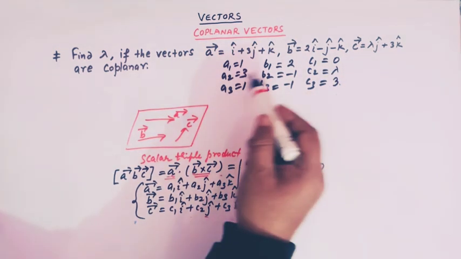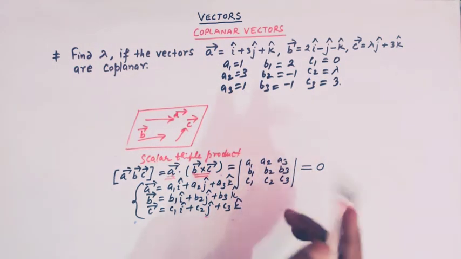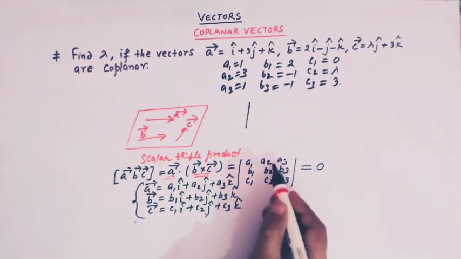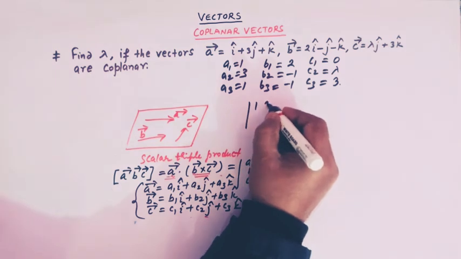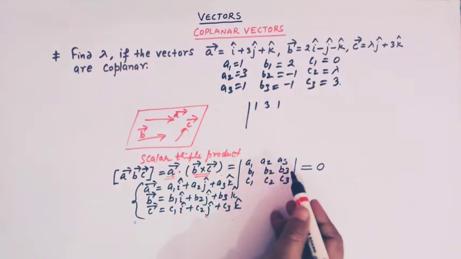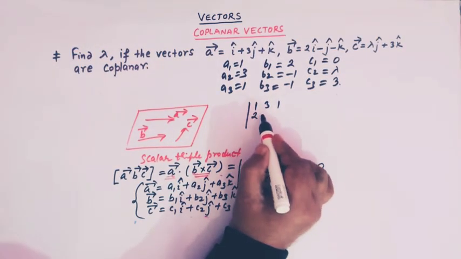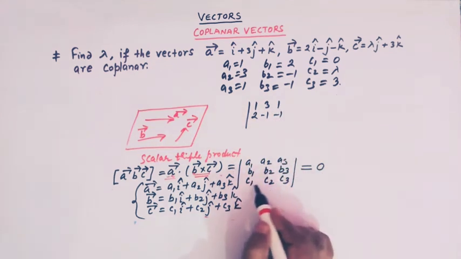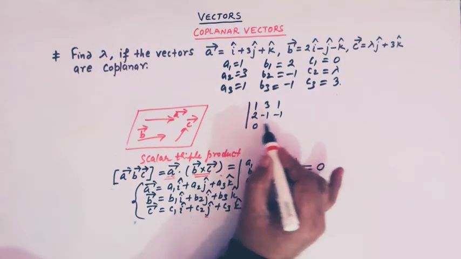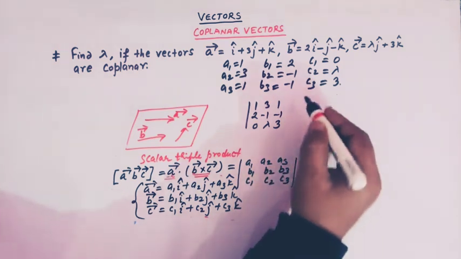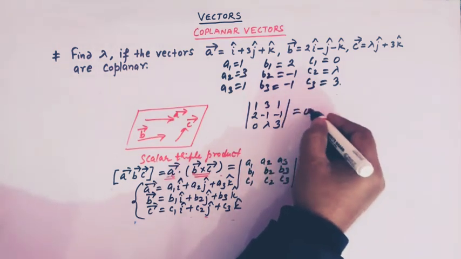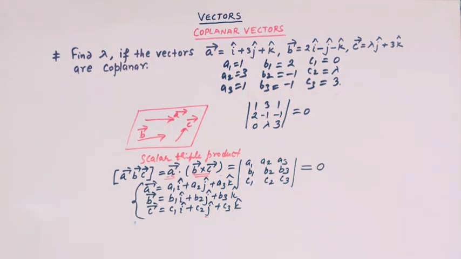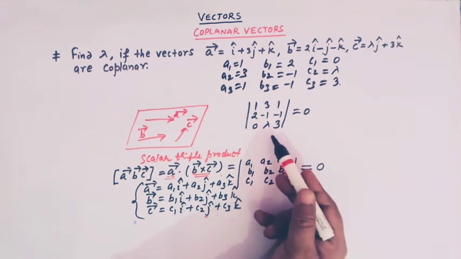Now substituting these values over here, we have a1 a2 a3 as 1 3 1, b1 b2 b3 as 2 -1 -1, and c1 c2 c3 as 0 lambda 3, right? And this determinant should be equal to 0. Now we have a simple determinant, we can expand it.